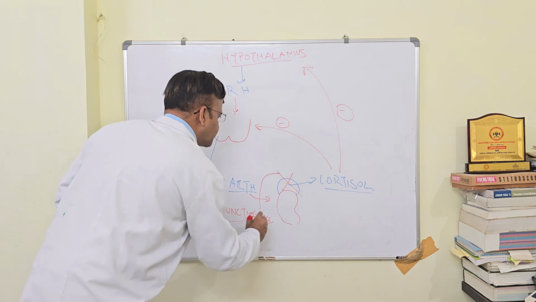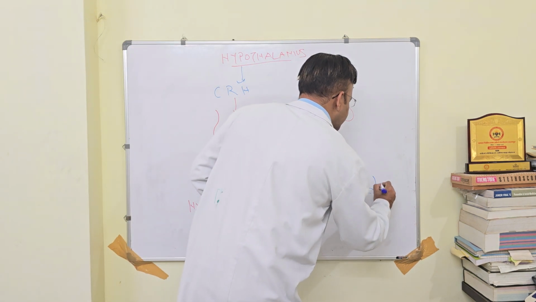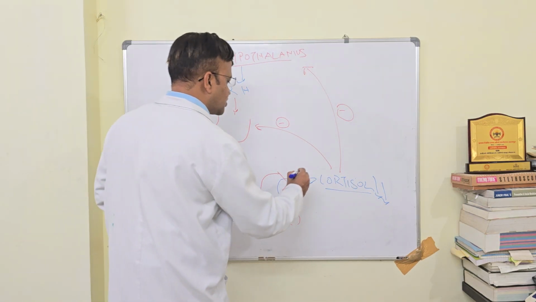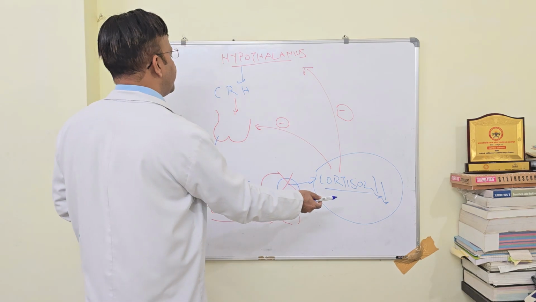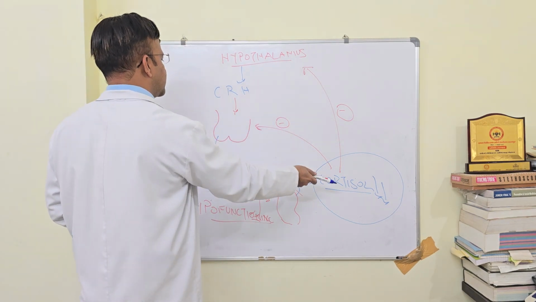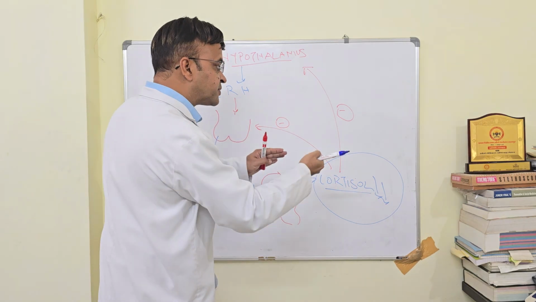Now if it is not functioning properly, then what are we going to get? This cortisol level is going to reduce, right? If this cortisol level gets reduced, then negative feedback both on hypothalamus and pituitary will get reduced, right?